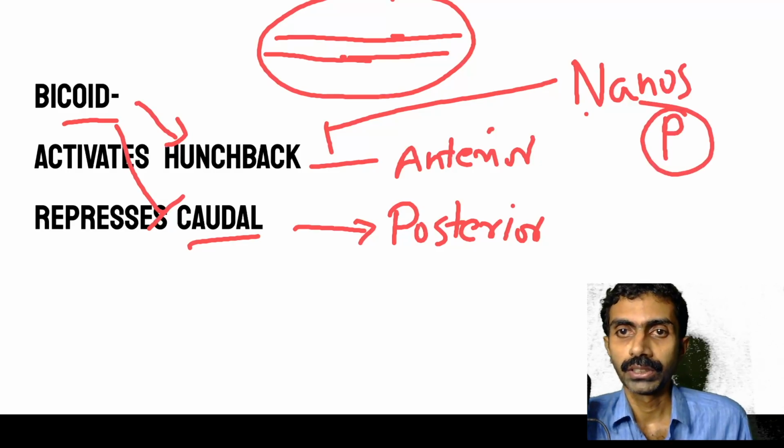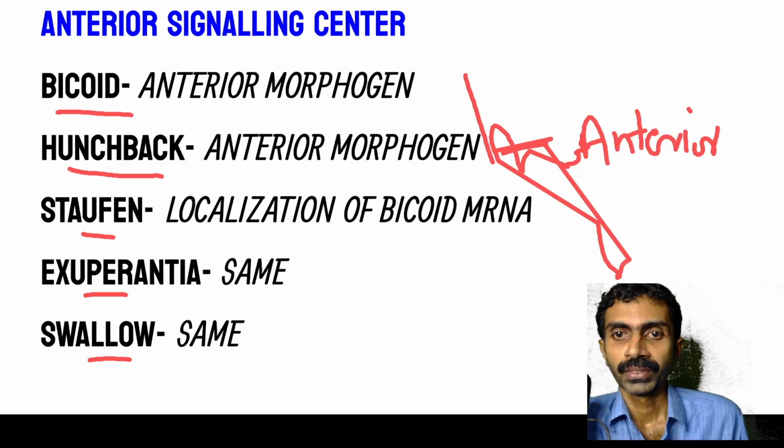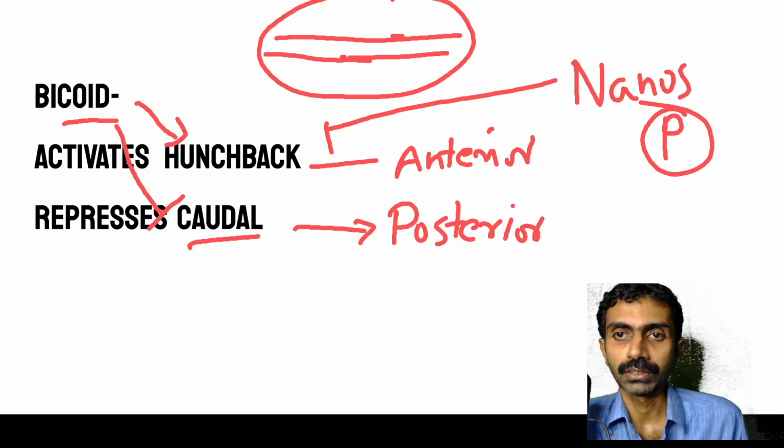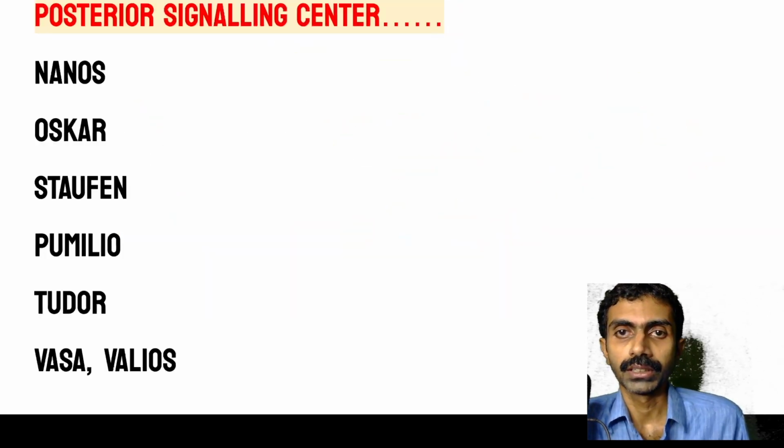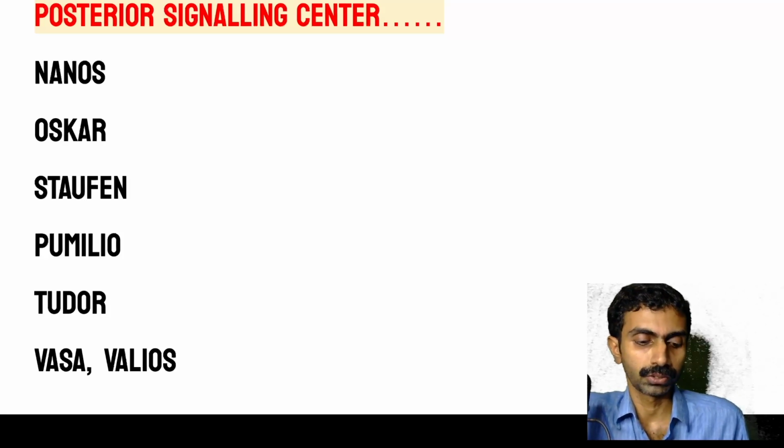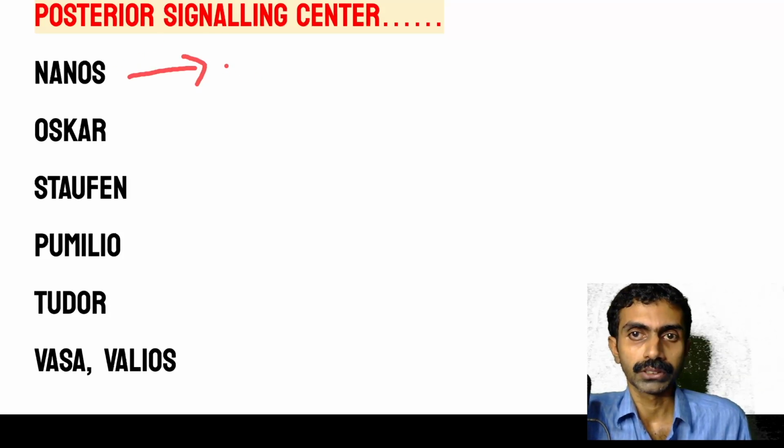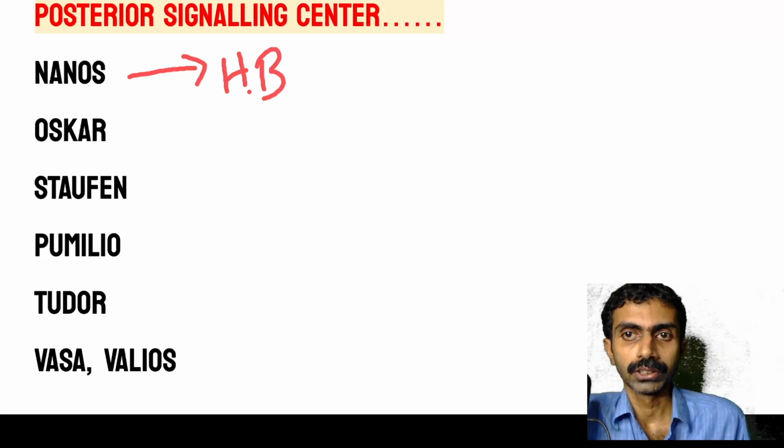Here you can see that three genes, Staufen, exuperantia and swallow, help in the localization of the bicoid mRNA in the anterior side. That allows bicoid to help hunchback express in the anterior, thereby forming the anterior side. Then coming to the posterior signaling center, the nanos, which I just mentioned, suppresses hunchback. This is what it does.